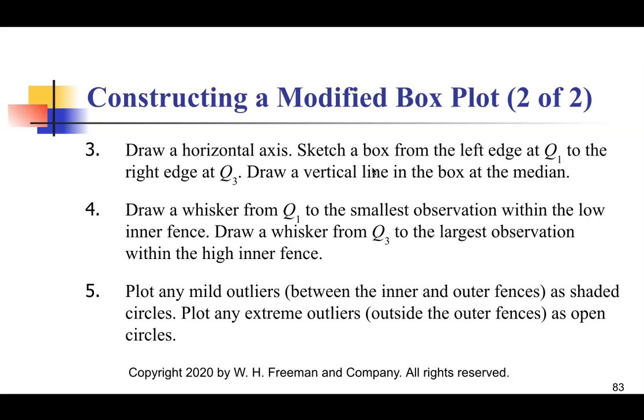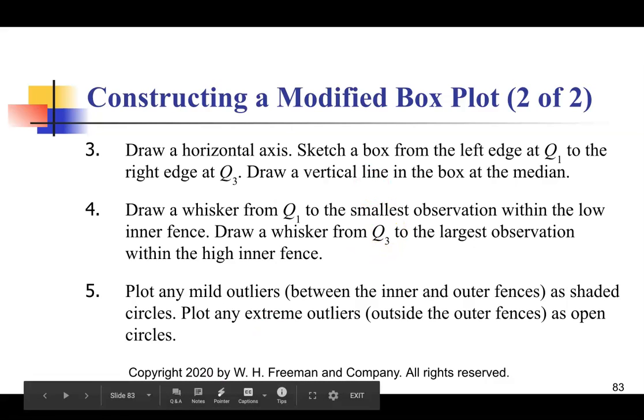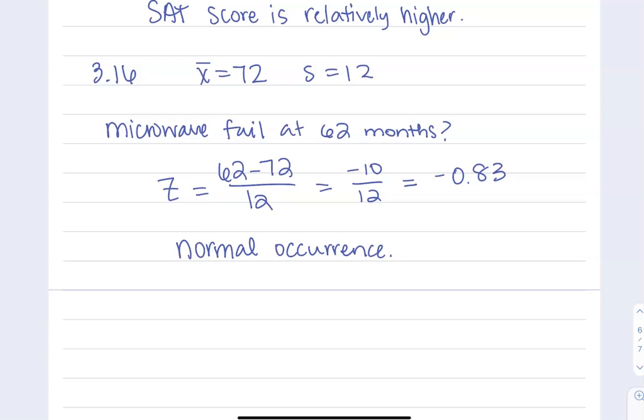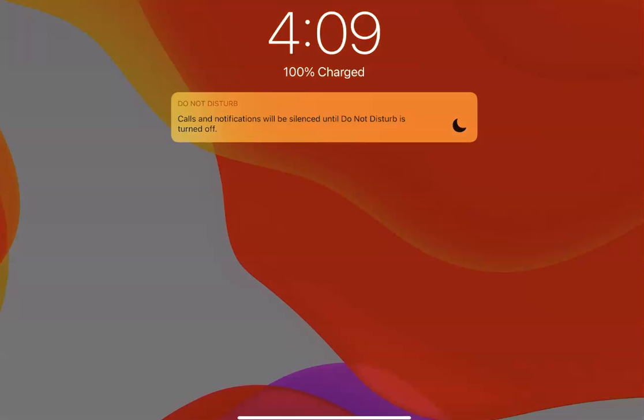So let's see how we would do this. I'm going to be using data from example 3.20, where we're looking at the length of sled dog trips. This is how many hours these trips were. We're going to go ahead and start with the 5-number summary instead of worrying about getting that, because at this point we've done it a few times.